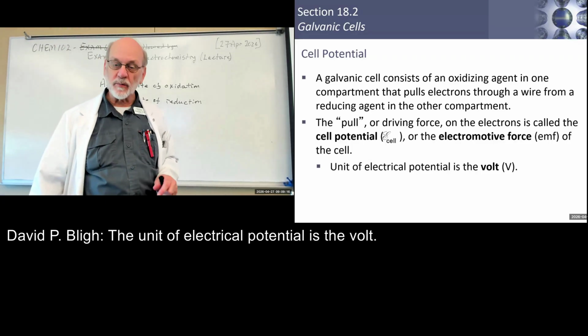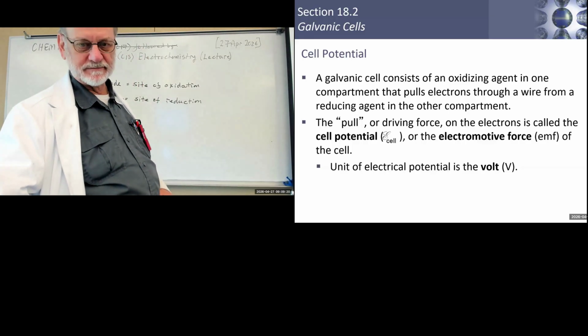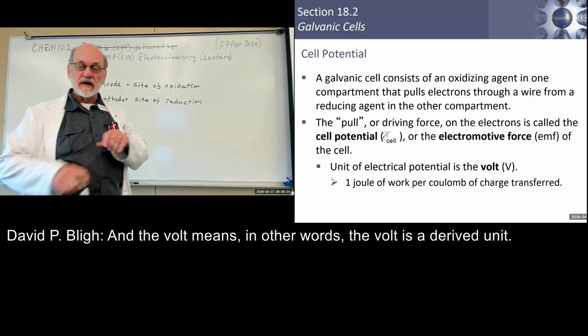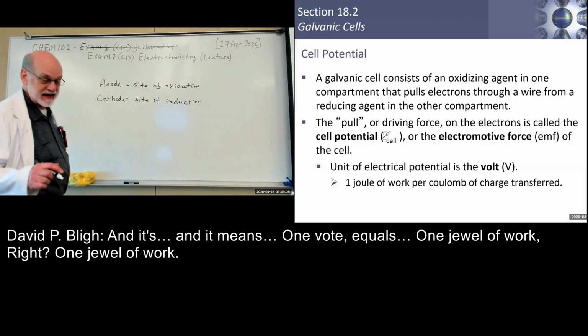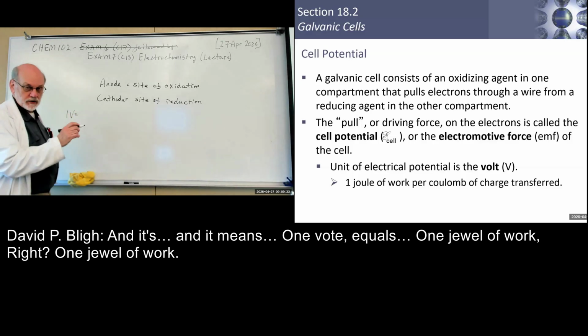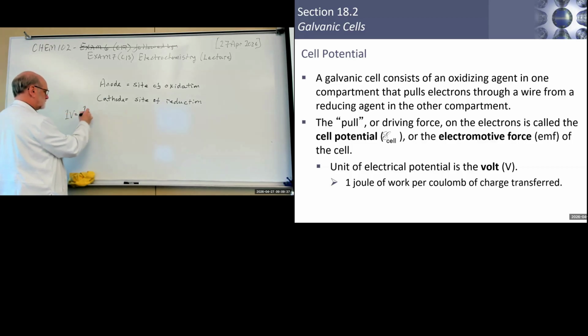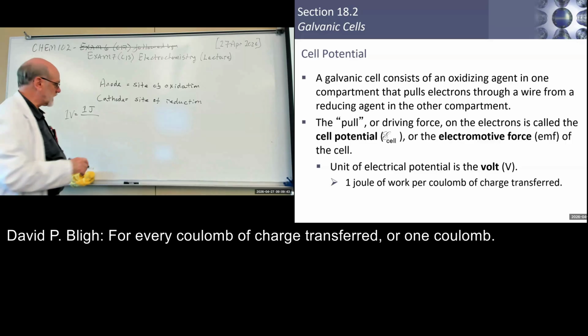The unit of electrical potential is the volt. The volt is a derived unit. It means 1 volt equals 1 joule of work for every coulomb of charge transferred.